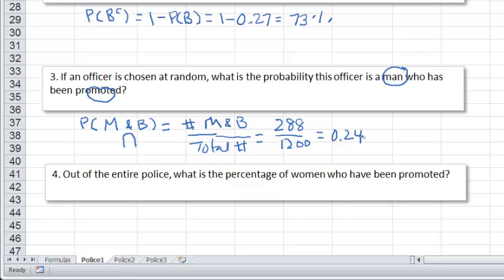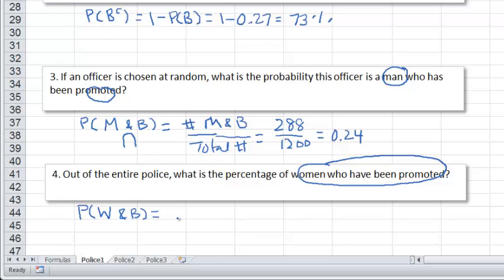Now, question number 4. Out of the entire police force, what is the percentage of women who have been promoted? So this is again a similar kind of probability. We want the probability that, out of the entire police force, what is the percentage of women who have been promoted? So how many people fall into this category, women who have been promoted? So we could write women and also have been promoted.